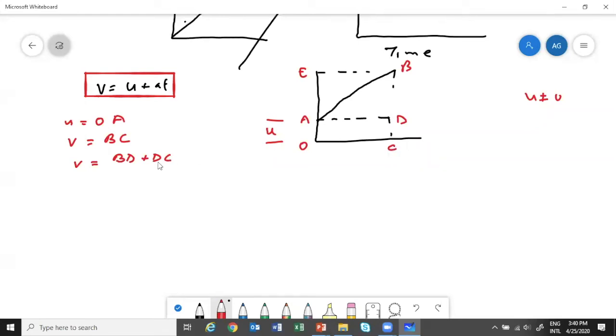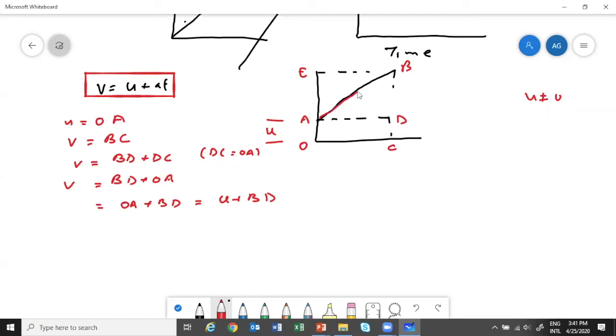And DC is equal to OA. So V equal to BD plus OA, and OA is U, plus BD. And BD is related to the acceleration.